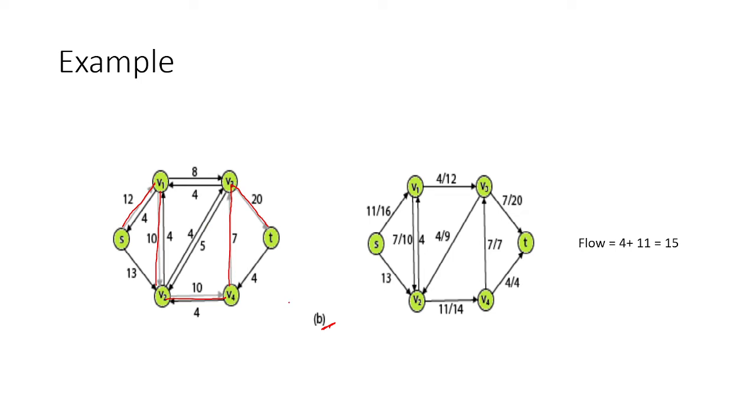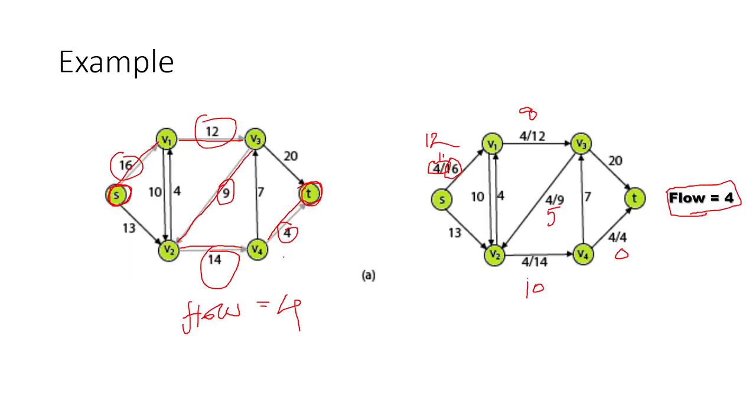Now we have to understand that in step A, this edge becomes 0, so we can draw a backward edge for this, and the weight will be 4.